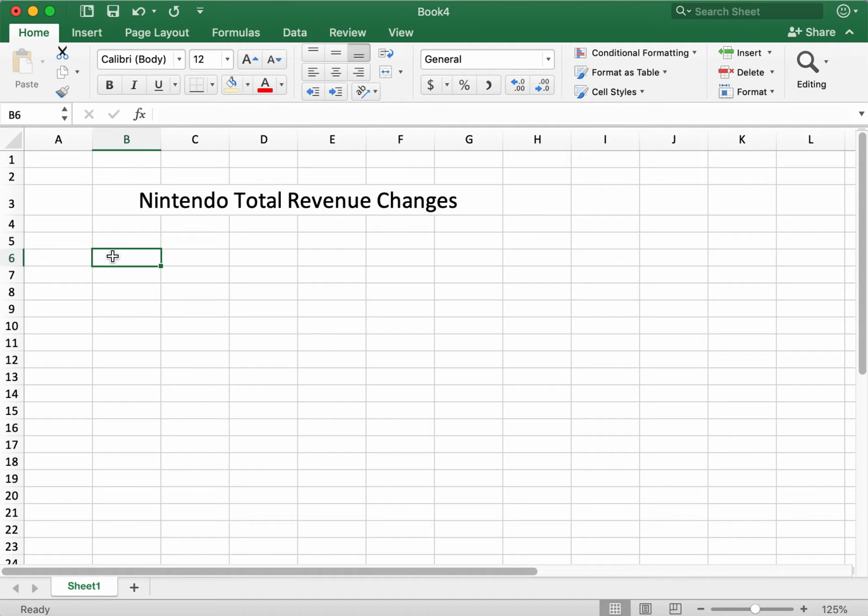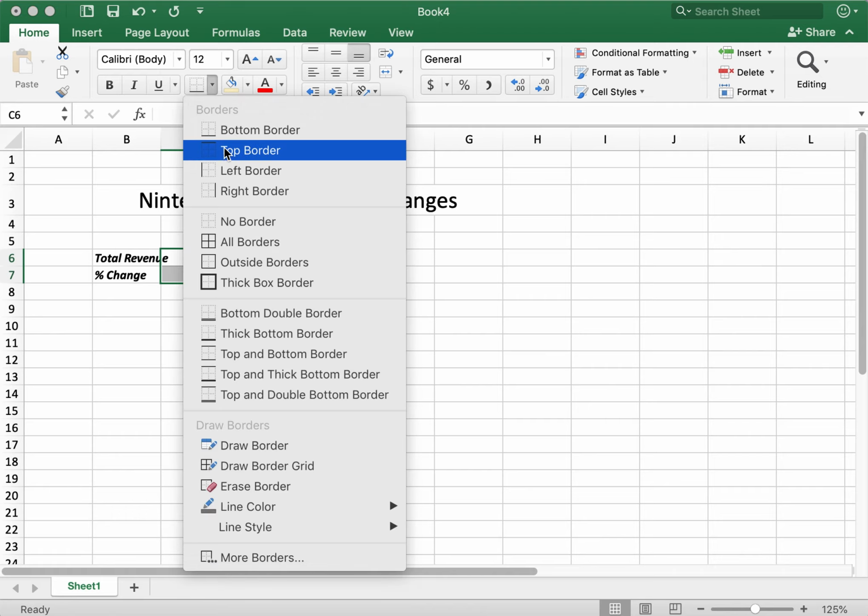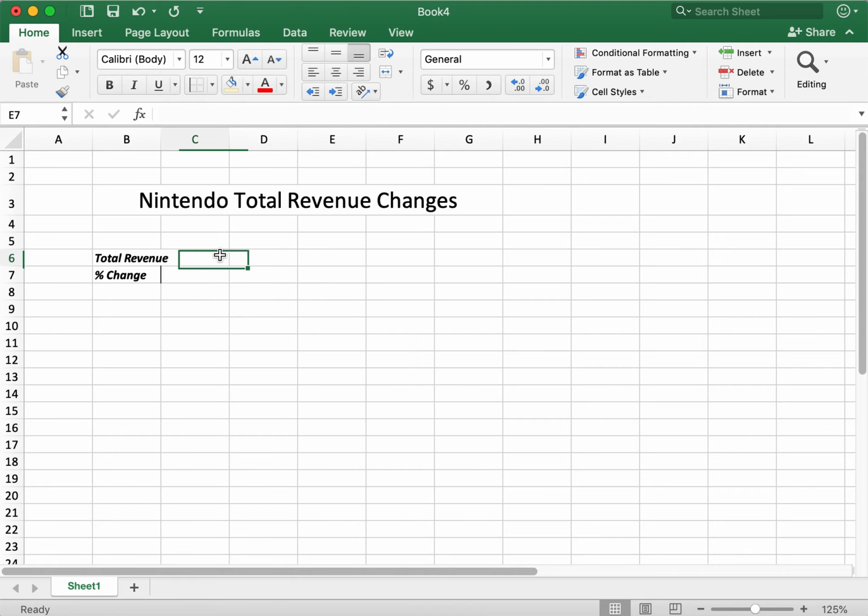So what we're going to wind up having is our total revenue. And then, of course, we are going to have our percentage change down here. I'll just bold it, italicize it. And I will give myself a nice little border, and then go across over to, I want to say H most likely, the top border for everyone to see.